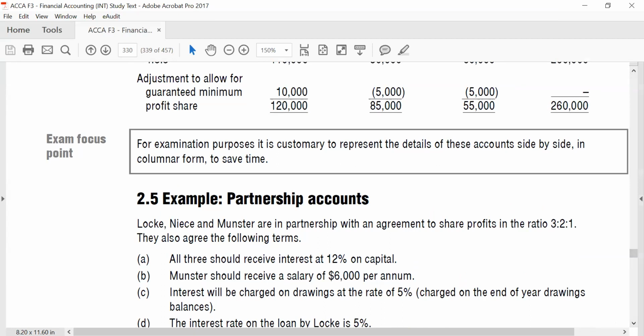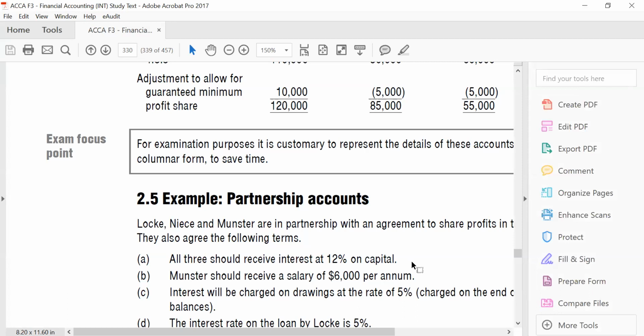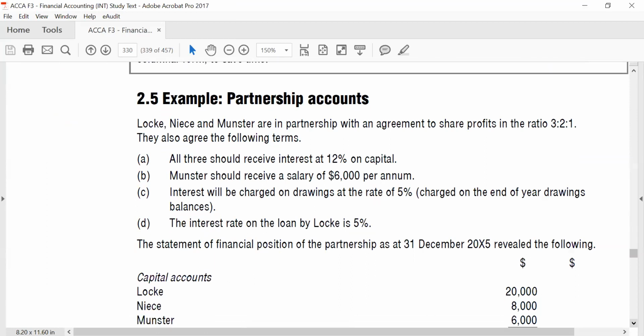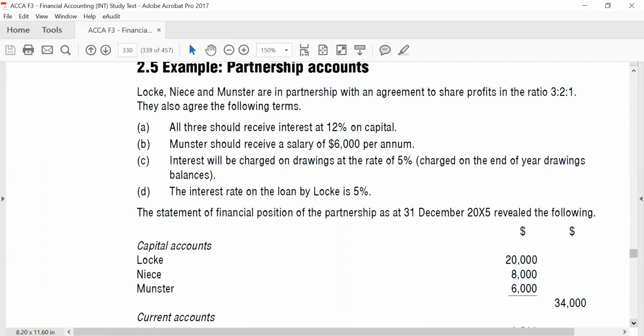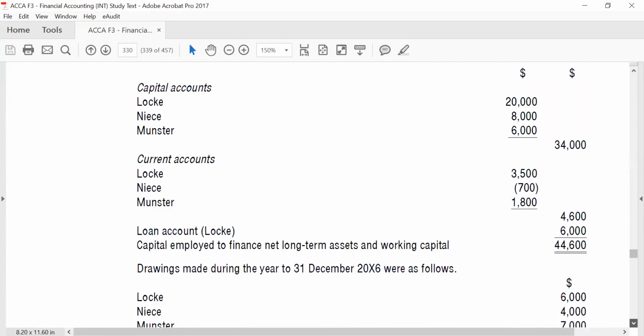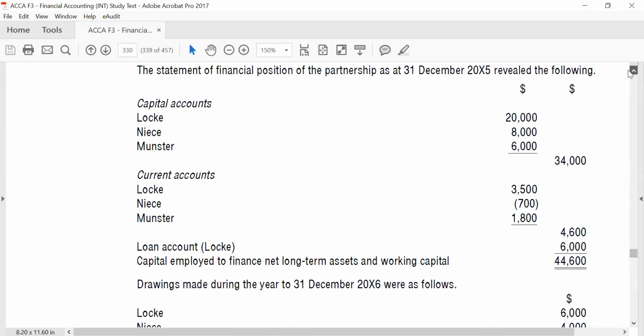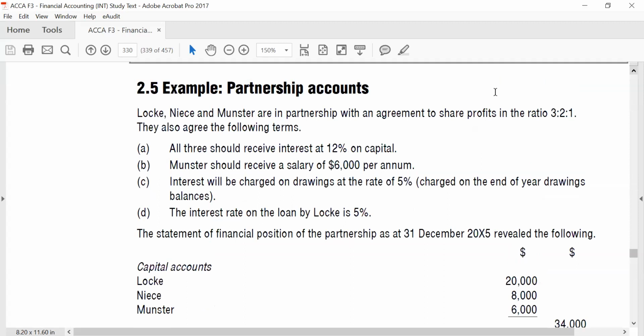Yeah. So let's just see an example of partnership accounts and see how that basically appears. Okay. So we have an example here. As we can see, going up to down, we can just try to see how it looks. They are telling us that Loki, Nancy, and Monster are in partnership with an agreement to share profits 3 to 2 to 1.